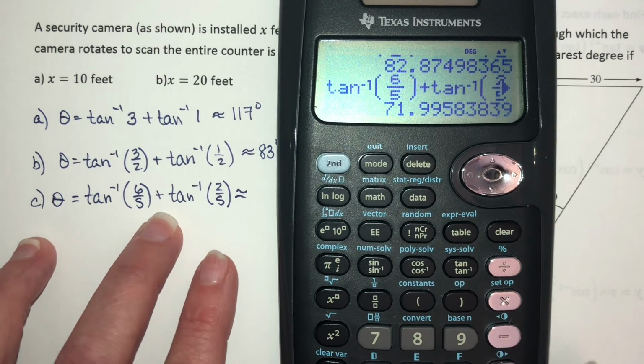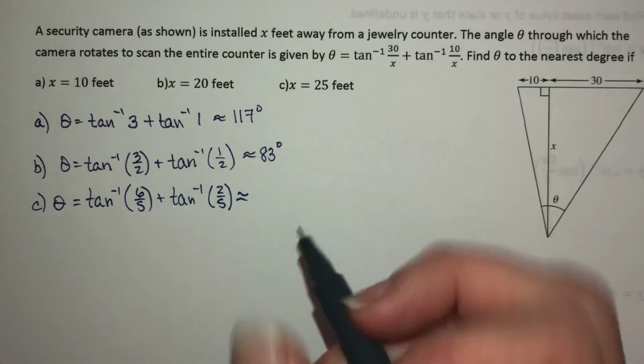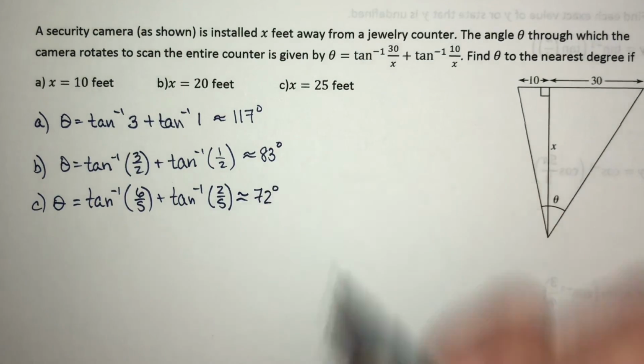To the nearest degree is approximately 72 degrees. And that's all.